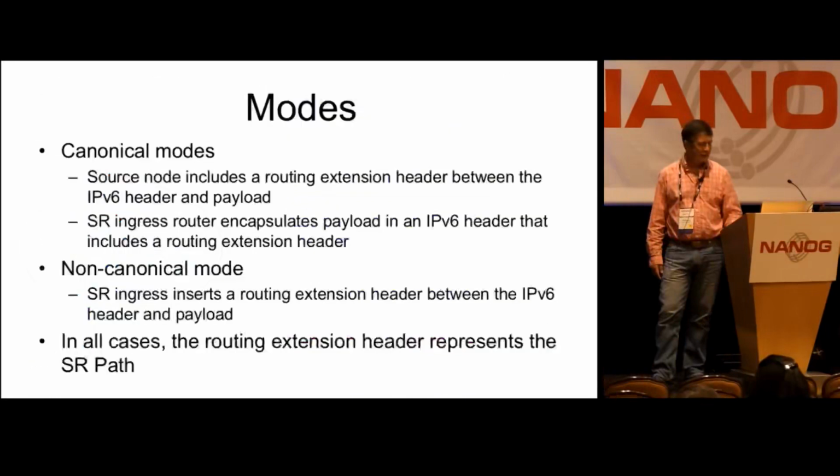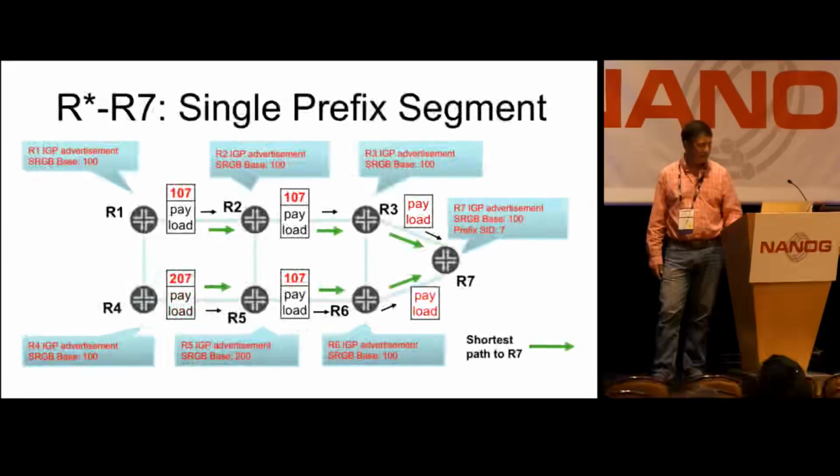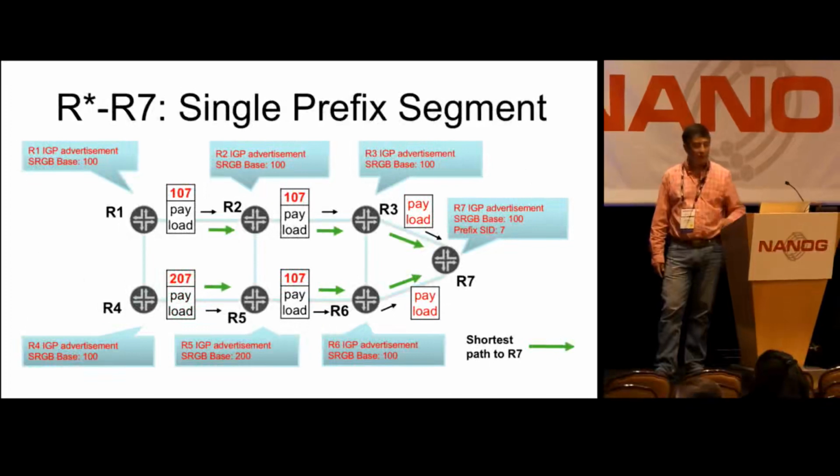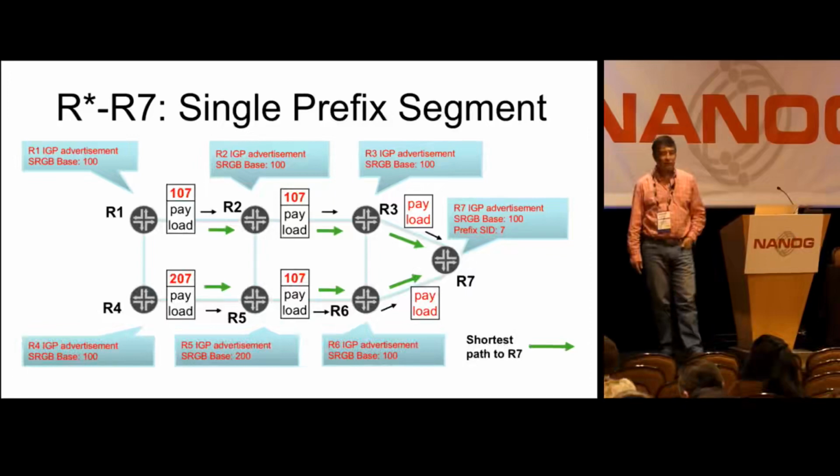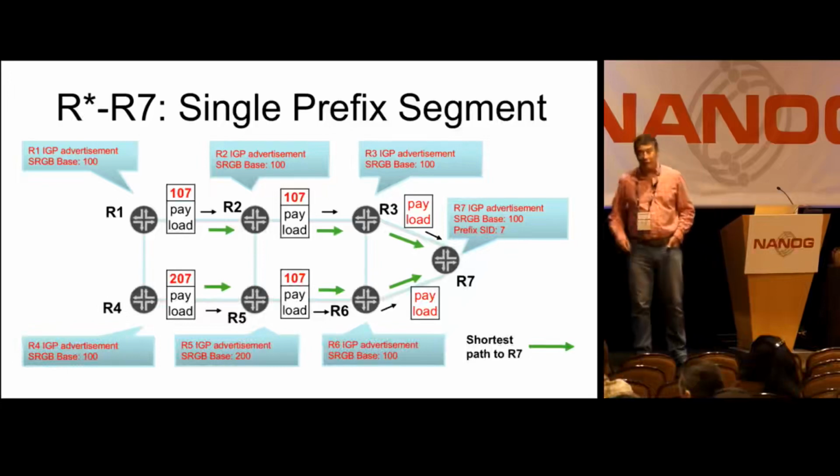Okay, let's go back a little bit further. Let's take a look at this one. Let's say for a minute that R2 was not SR aware. If somehow you could stuff a route in R2 that says when you get a packet for 107, pop the label and forward it to R3, it would work. Now, there are many ways you could stuff that route in there.